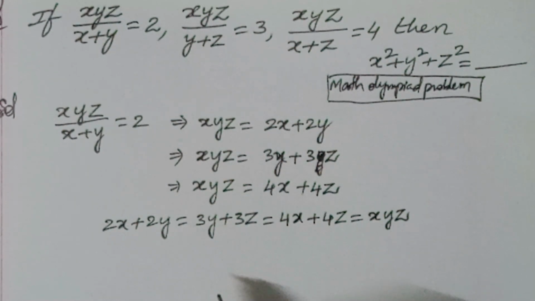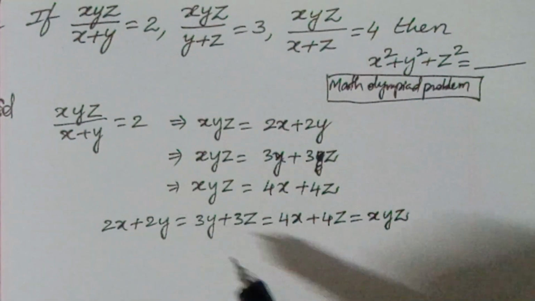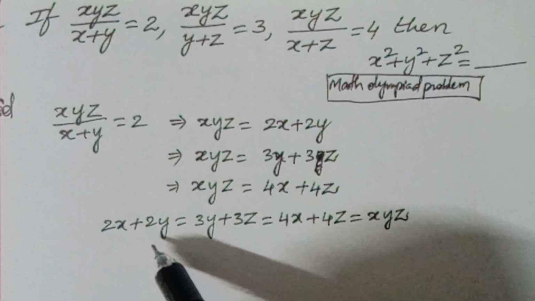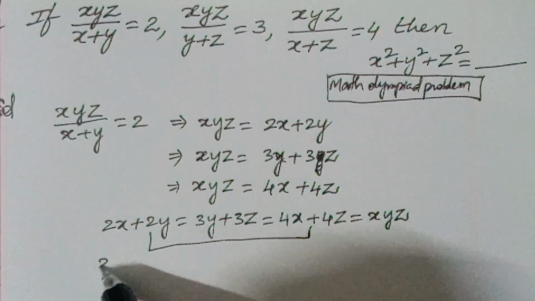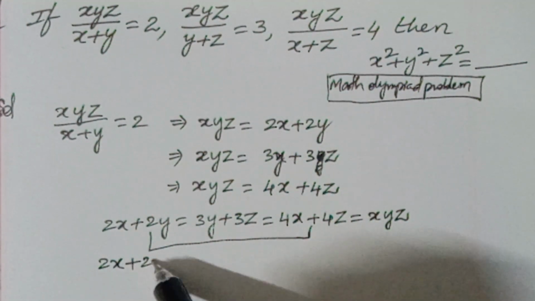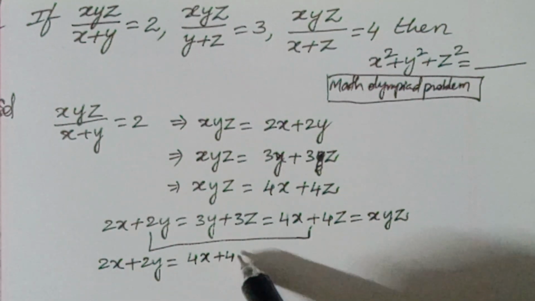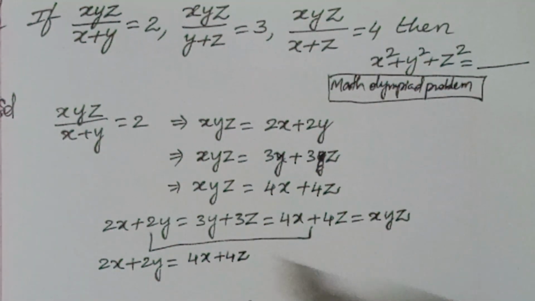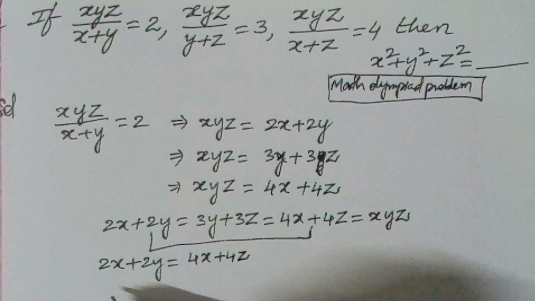If you take this, 2x plus 2y is equal to 4x plus 4z. So what will we get now?